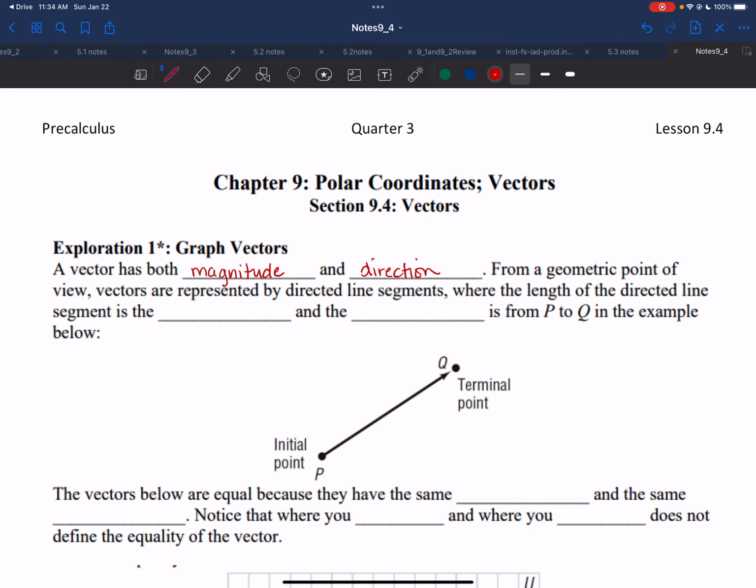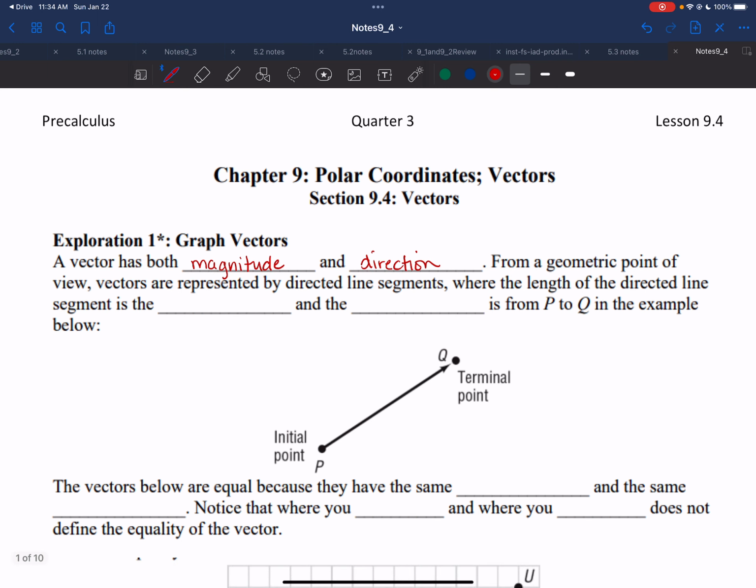Okay, from a geometric point of view, vectors are represented by directed line segments where the length of the directed line segment is the magnitude, and the direction is from P to Q in the example below. Okay, so this value tells you how big it is. So if I have a small vector like this, that's going to be a small value.